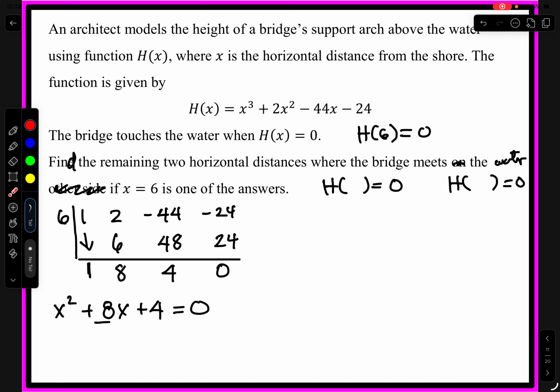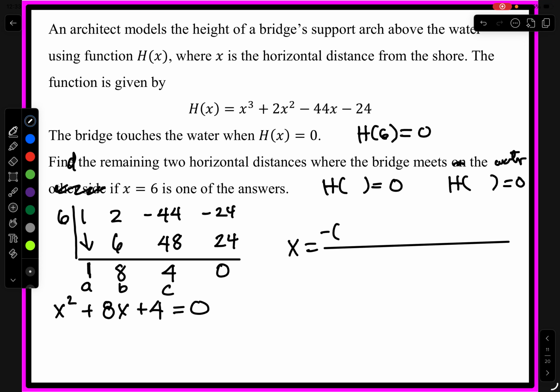So the only other option is to use the quadratic formula to solve this equation, seeing what makes this equal to 0. With our values of a, b, and c being 1, 8, and 4, we're going to plug that into, again, our quadratic formula like I mentioned.